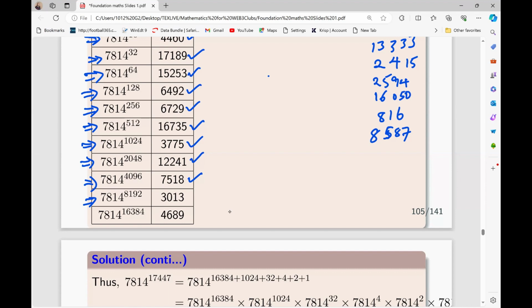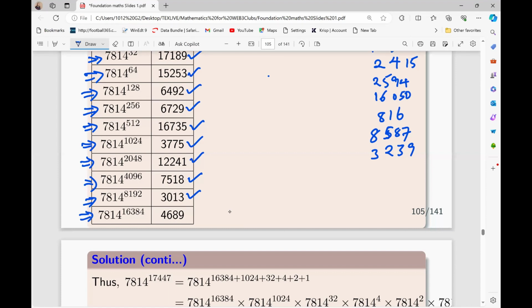It goes that many times, 3,239 times. What is the remainder? After going there 3,239 times, the remainder is 3,013. Finally, we got the last lap.